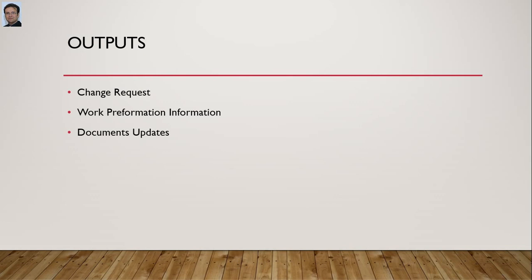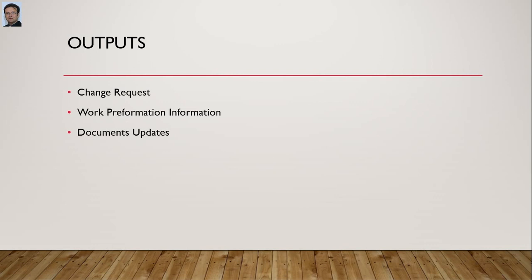When change requests occur as a result of carrying out the control resource process, or when recommended corrective or preventive actions impact any of the components of the project management plan or project documents, the project manager needs to submit a change request to the change control board. Whatever the change control board decides, the project manager's responsibility is to communicate with the stakeholders and other members who initiated the change.